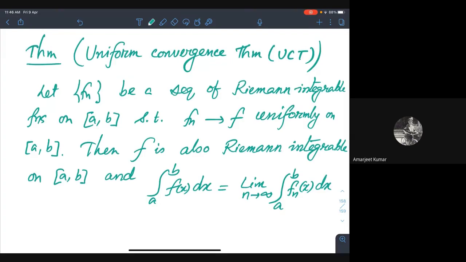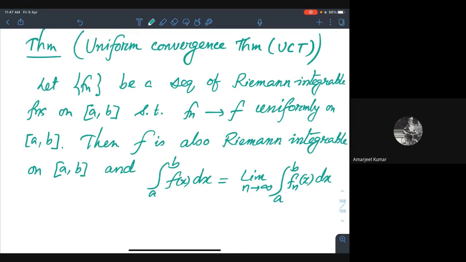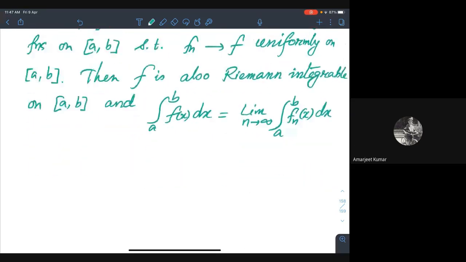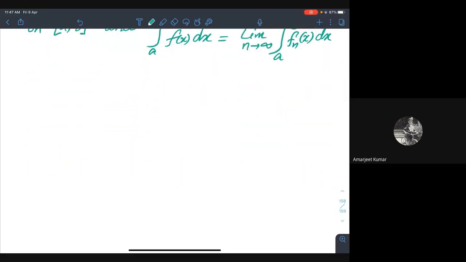Okay, anyway, let's go into the proof of it. The statement is much more important than the proof here.